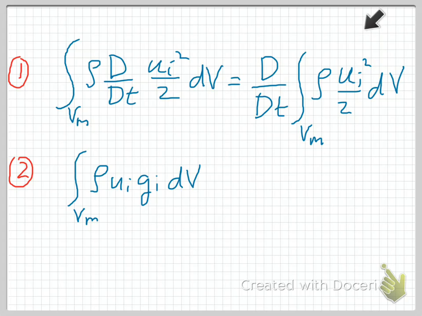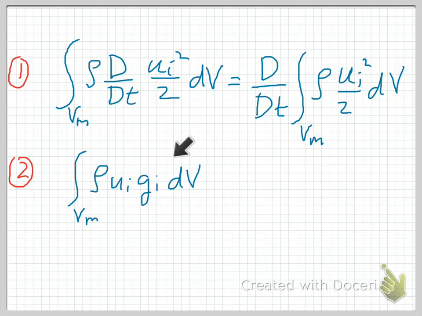And this is a very good thing because we now have the kinetic energy of the fluid parcel, the integral of the mass per unit volume times kinetic energy per unit mass, u squared over 2, integrated over the volume. So we've got the material derivative of the kinetic energy of our volume.